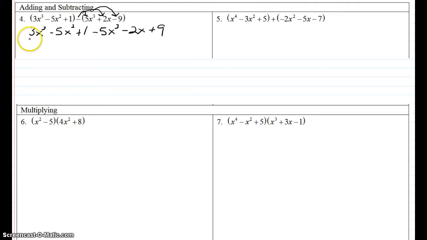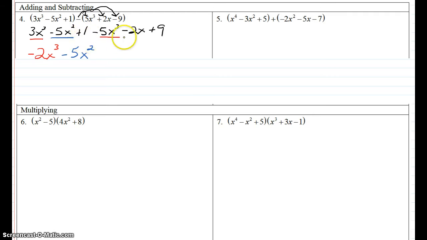So now we're going to combine our like terms. x cubed with another x cubed. So 3 minus 5 gives us negative 2x cubed. Now we're going to look for x squared. And I only have the one, so let's just rewrite it. Minus 5x squared.